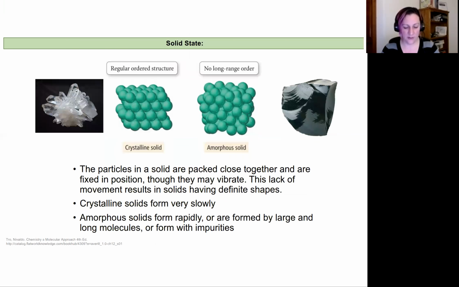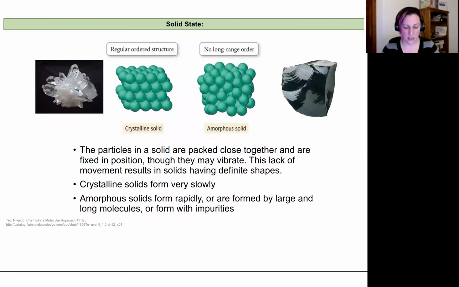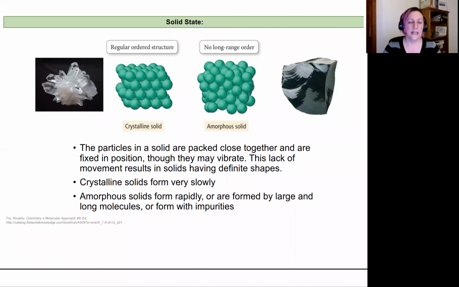One thing that we haven't mentioned yet about solid states that I'll take a quick moment with here is that they have kind of two different kinds that we commonly see. Crystalline solids, which are highly ordered and will arrange themselves in a very specific pattern that is consistent through the whole solid. And you get these beautiful crystal structures. And we'll talk a lot about that in Chemistry 163.